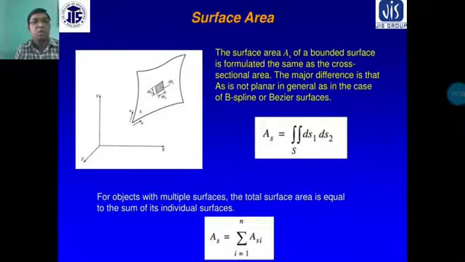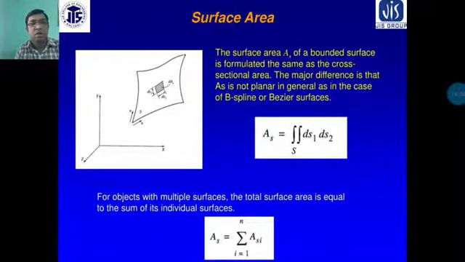The surface area A of a bounded surface is formulated the same as the cross-sectional area. The small area dAs will be given, and this value is updated here. The major difference is that S is in general not planar, as in the case of B-splines or Bezier surfaces, which were already discussed in previous classes, along with the curves.